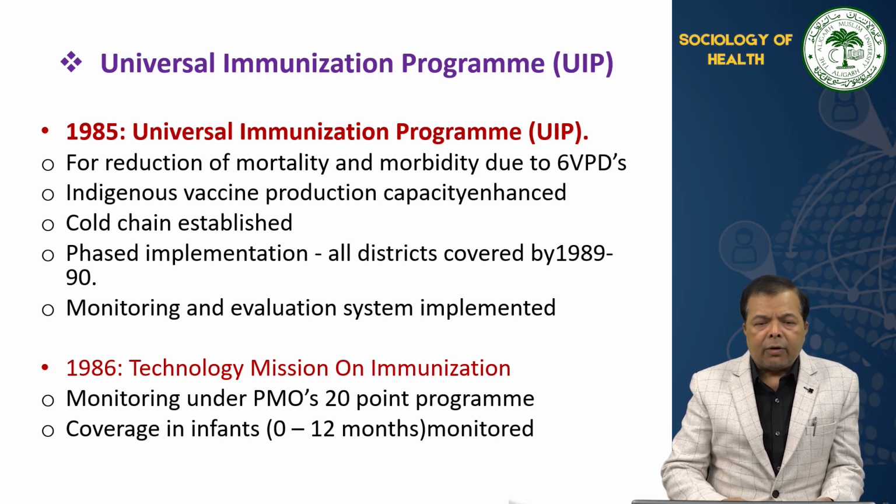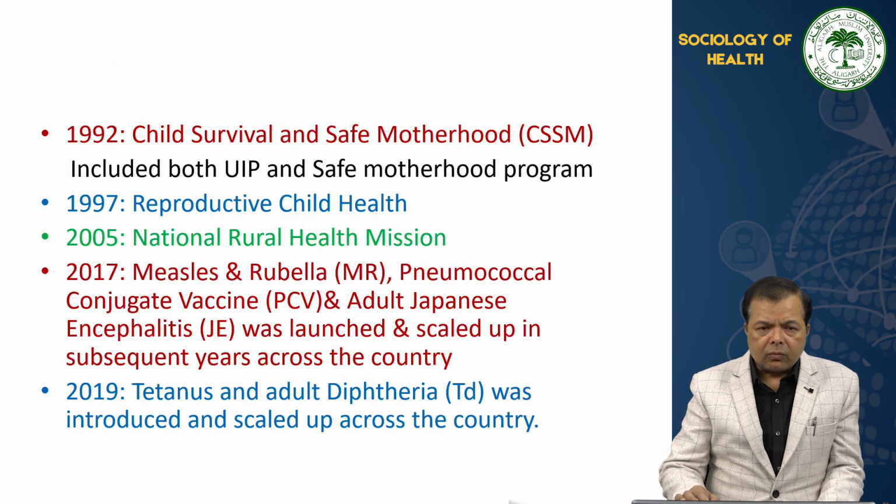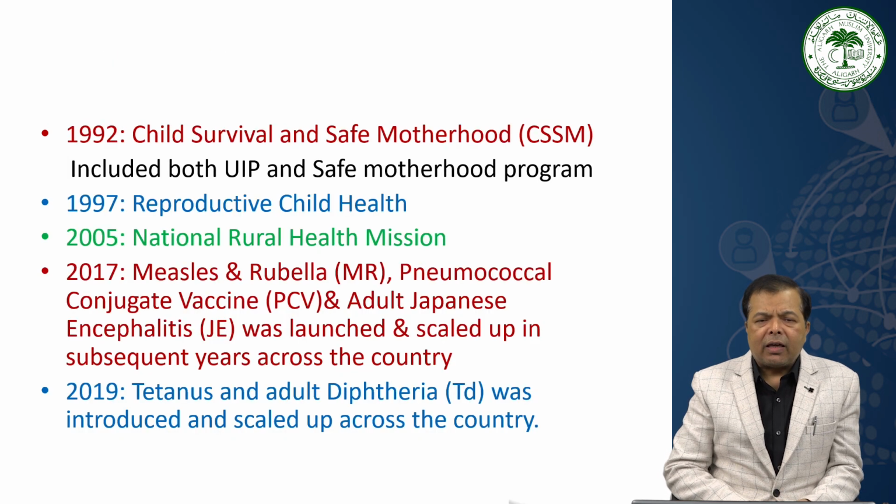There were three important things: monitoring under the Prime Minister's office, a 20-point program, and monitoring of coverage in infants. Then in 1992, we had the child survival and safe motherhood program.